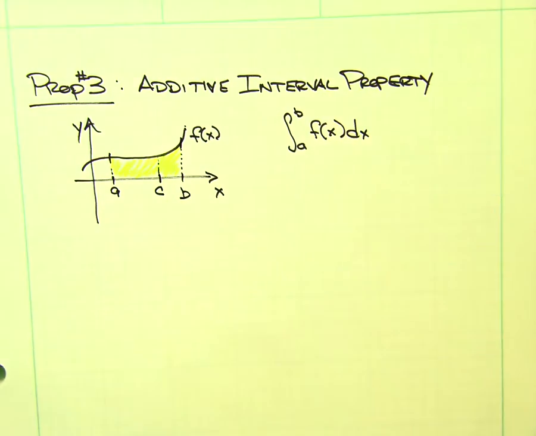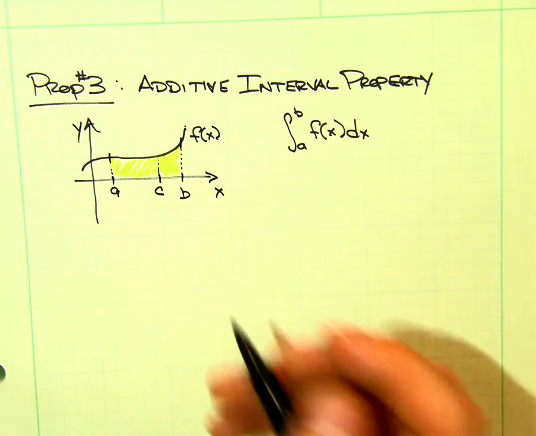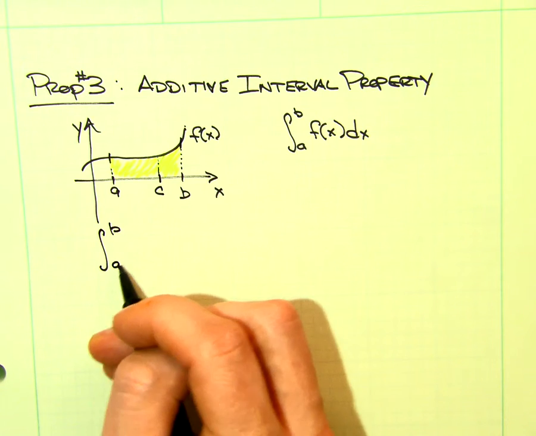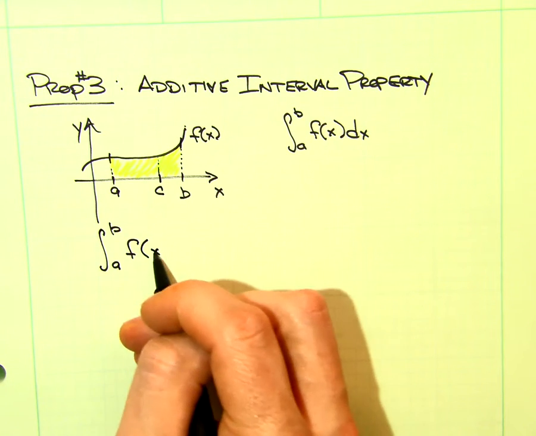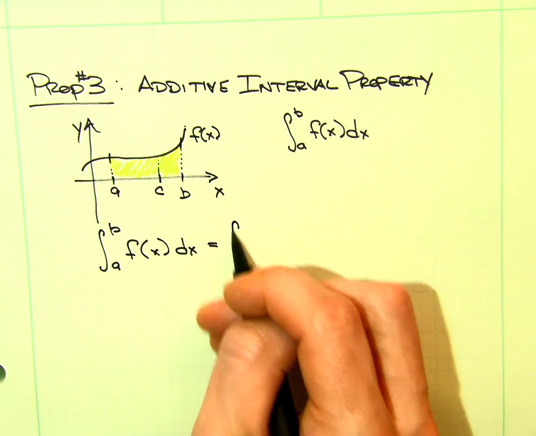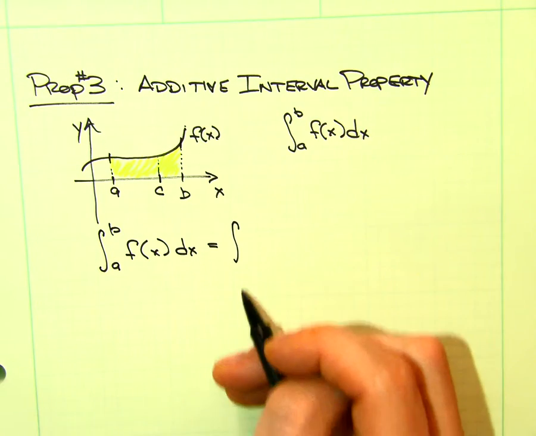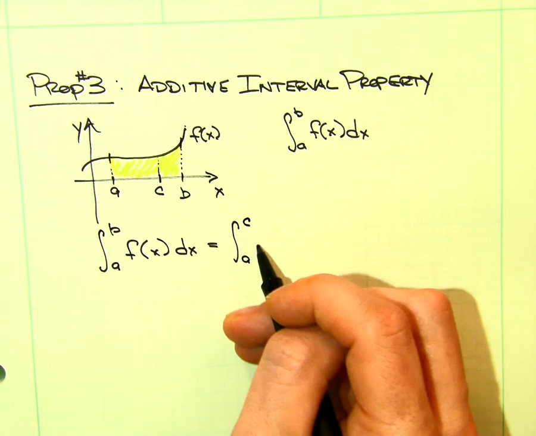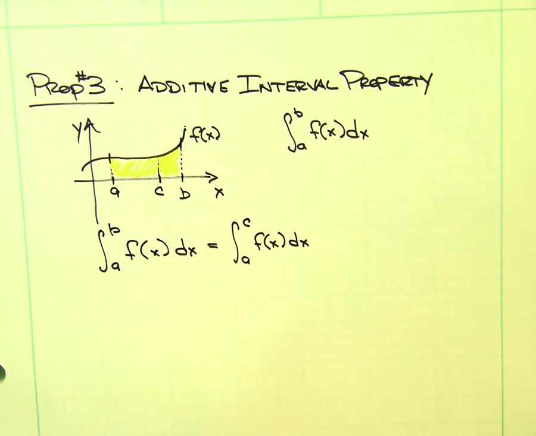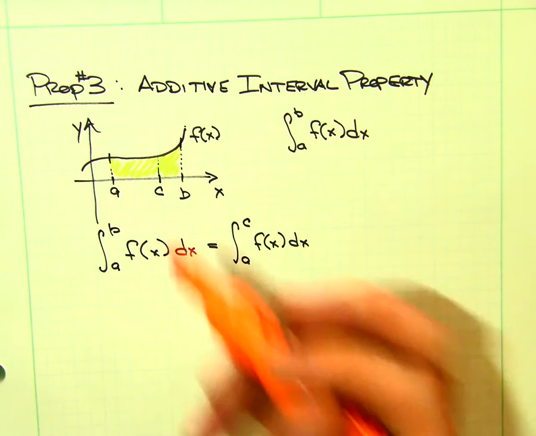Okay, that's what this additive interval property says. And so basically, let me give you the math definition, and then we'll jump into an example. From B to A, f of x dx is going to be equal to, right? So that's a whole interval. From A to C, f of x dx. And so, for example, that interval is going to be right here.